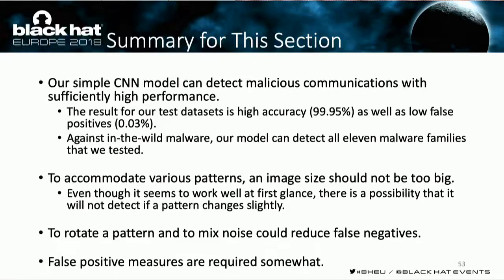To accommodate various patterns, an image size should not be too big. Even though it seems to work well at first glance, there is a possibility that it will not detect if a pattern changes slightly. To rotate a pattern and to mix noise could reduce false negatives.